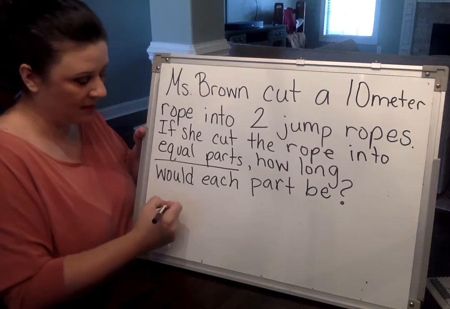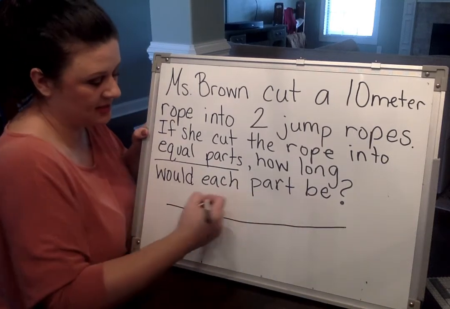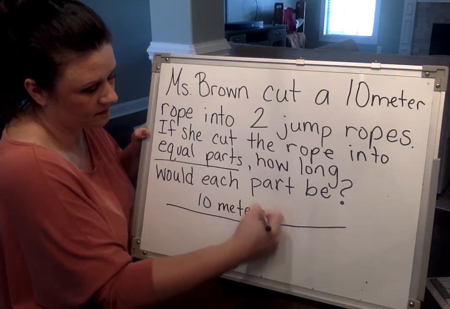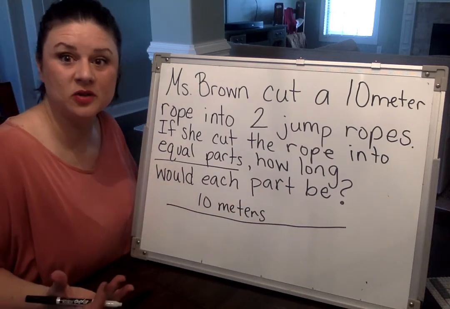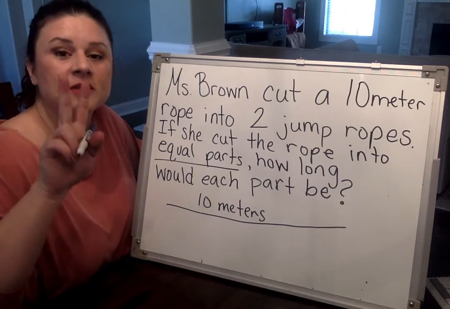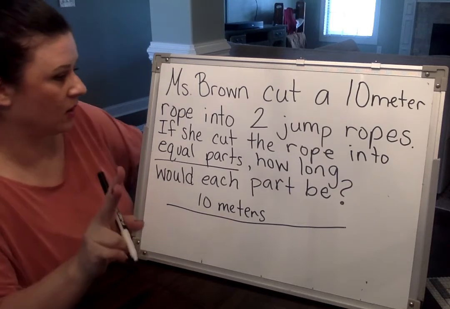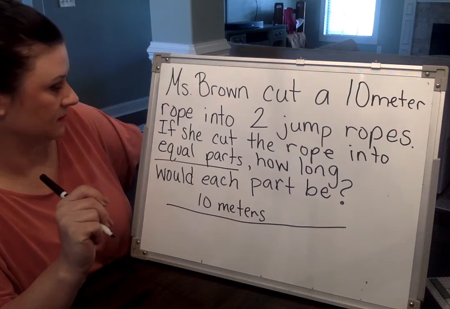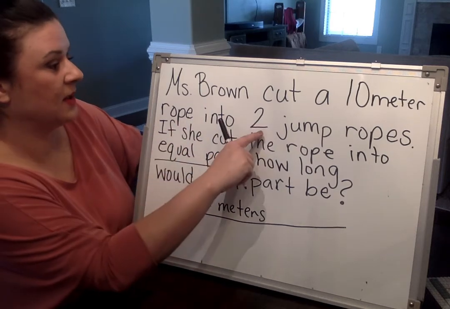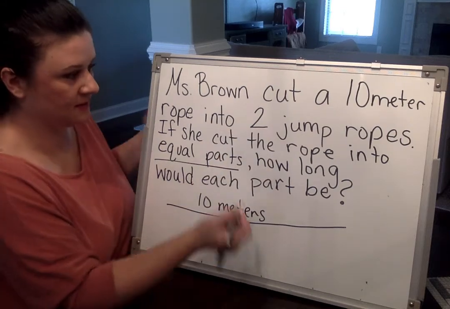Okay, so when I think about my rope, I'm going to go back to my rope is 10 meters long. And I just went ahead and drew a picture of a rope, okay? Now Miss Brown wants to cut it into 2 equal parts, because she's making 2 jump ropes.